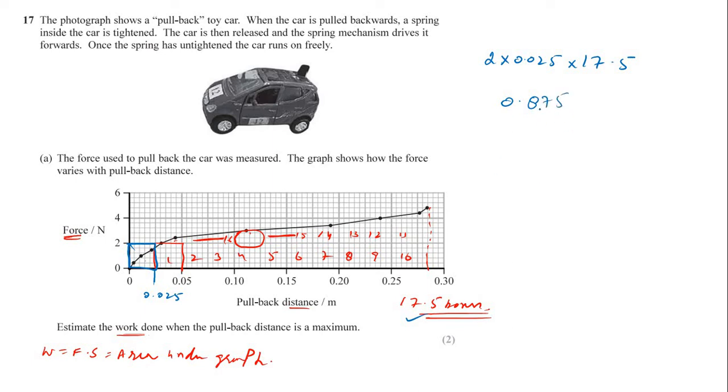So now clearly you can round it off, 0.88 joule. This is the estimated work done on the car. So they will give you some range for this answer, because this is just an estimation.